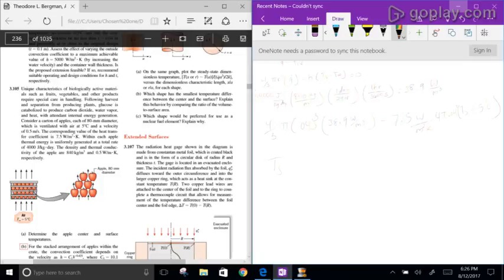So that gets me 0.04, and then we can do that. The final answer for the surface is 5.14 degrees C. So there goes that.